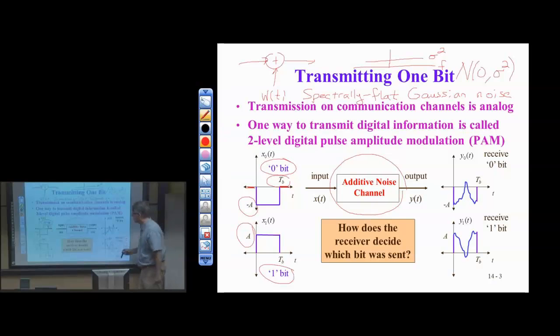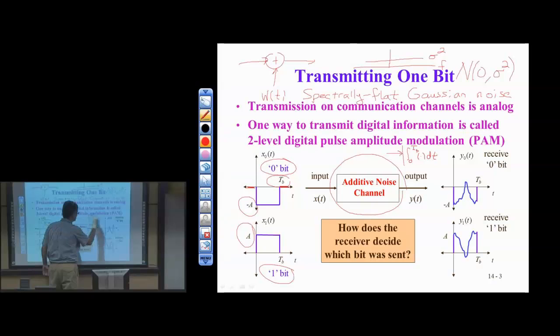So all I need to do on the receiver side is average over one symbol time, or one bit duration in this case. I'm going to integrate whatever comes in over each bit duration, and then I'm going to compare against 0.